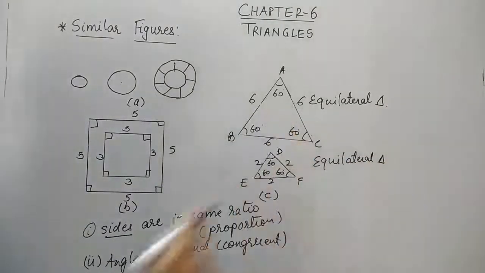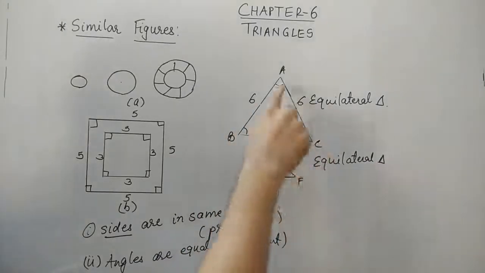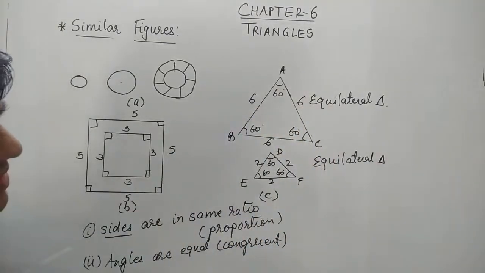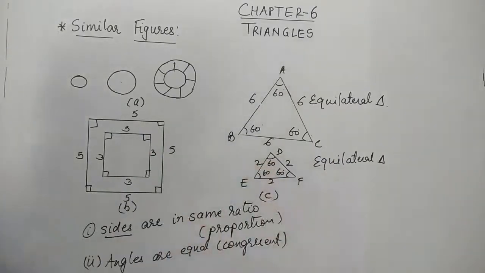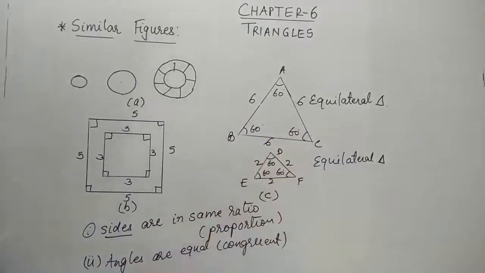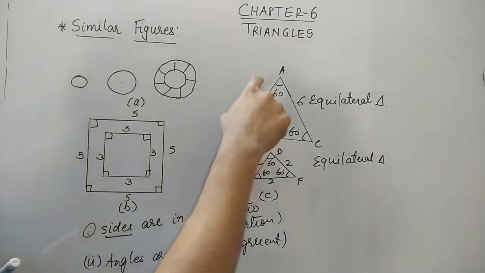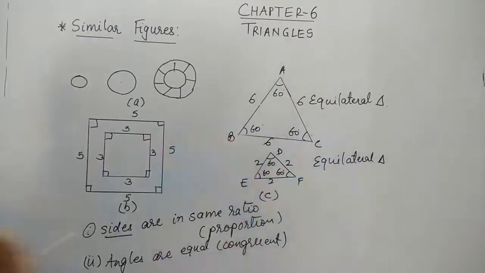Whenever we talk about an equilateral triangle, we are absolutely clear that all the sides are equal as well as the angles are equal. यहाँ पे भी all sides are same, angles are same. But when we talk about these two figures, triangle ABC and triangle DEF, तो हम यहाँ पे ये दो कंडीशंस फुलफिल कर रहे हैं. देखो, sides are in the same ratio, मतलब 6/2, 6/2, 6/2, and angles are equal.